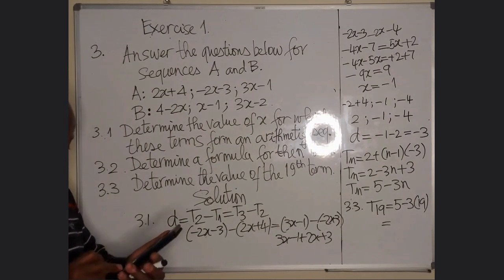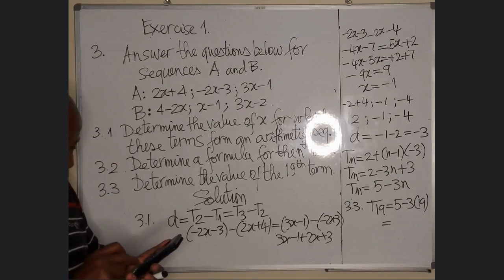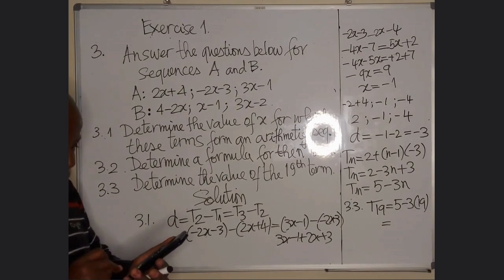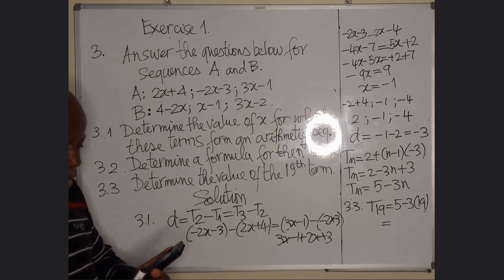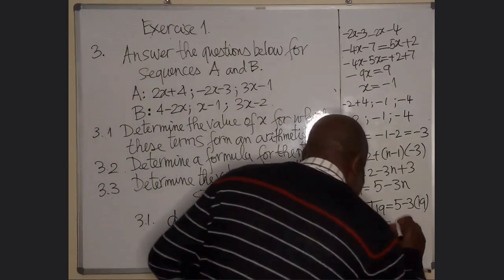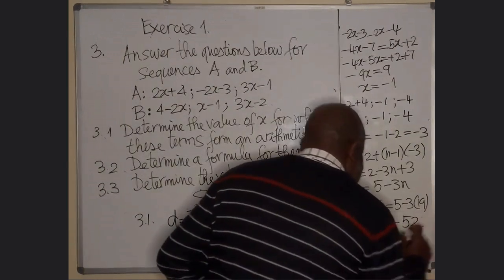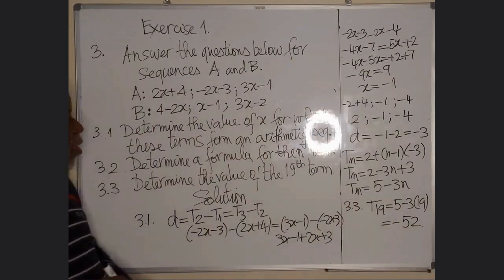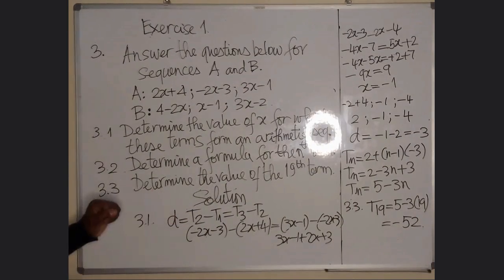Five minus 3 times 19. And then we're getting negative 52. This is term number 19.